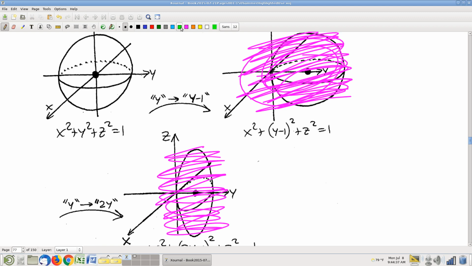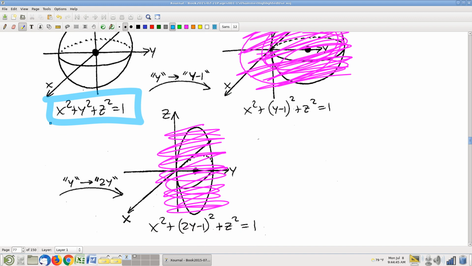If I want to get from that algebra down to this algebra, what replacements should I do? Okay, this is the algebra I understand. This is the algebra I want to understand. What's the algebraic connection between them?